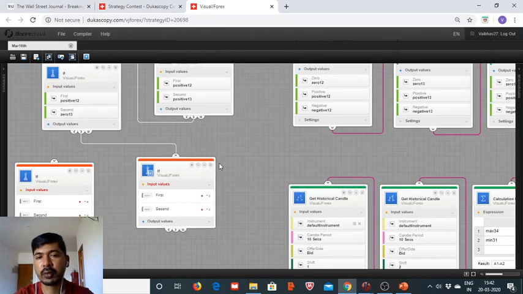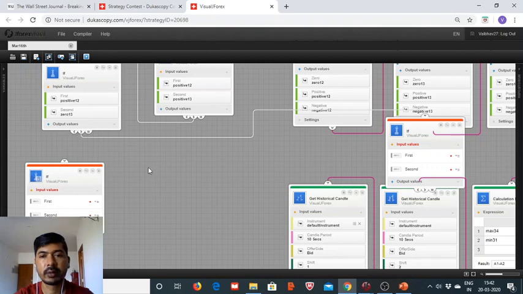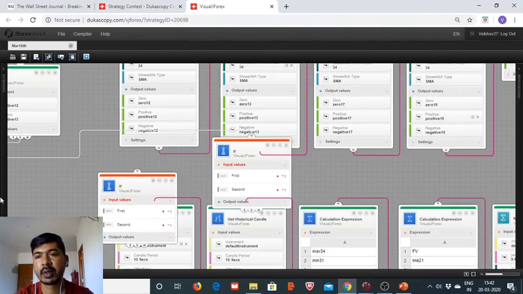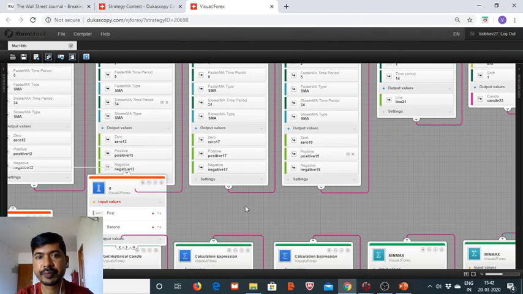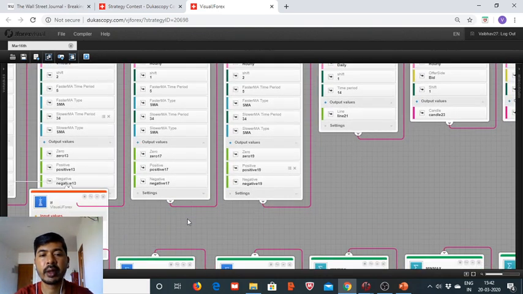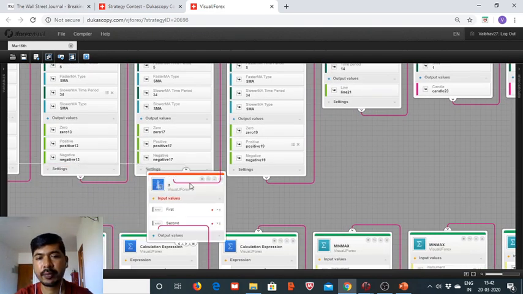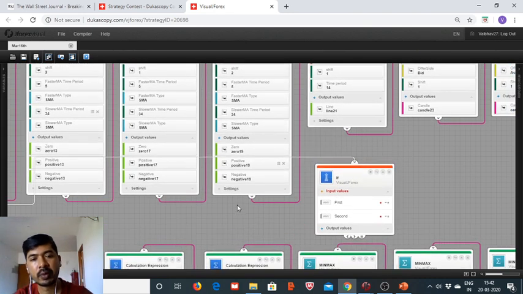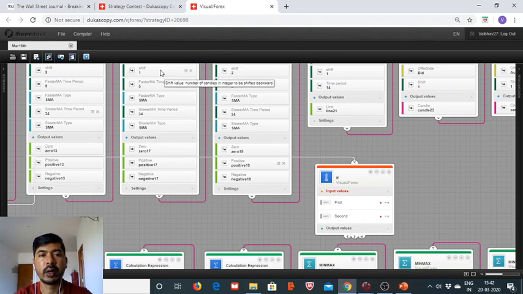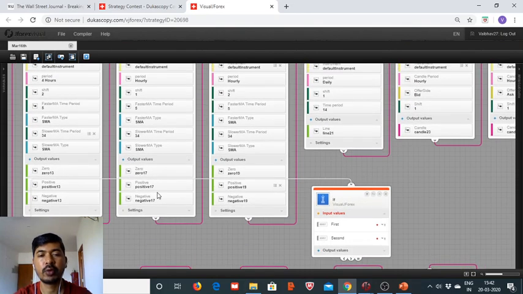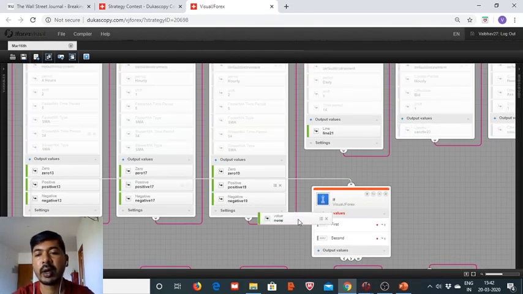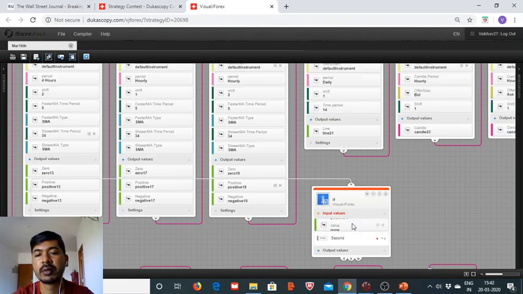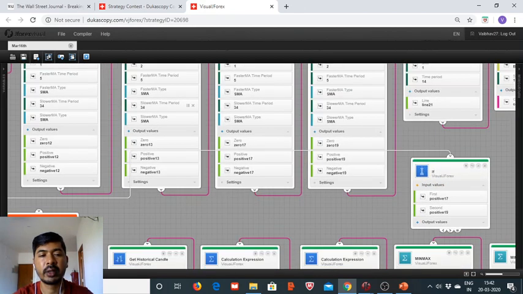Now let's go towards the 1 hourly candles. And here also we want the current last candle period's positive value to be higher than the prior candle. So we have taken in this condition.